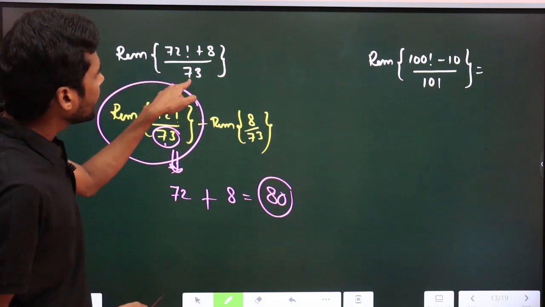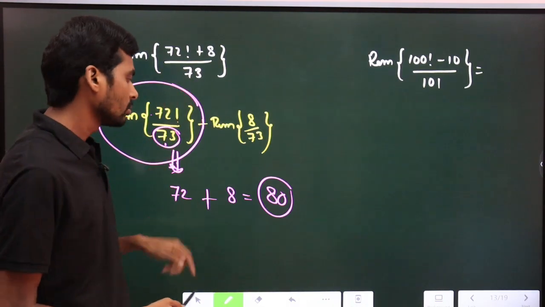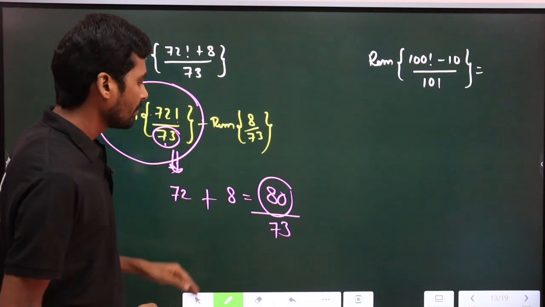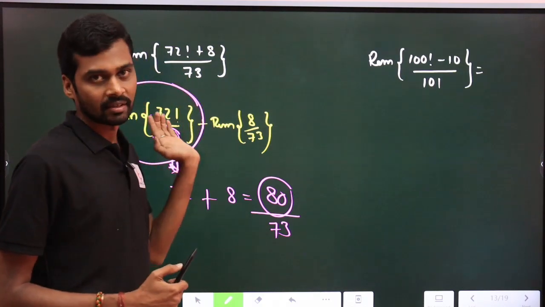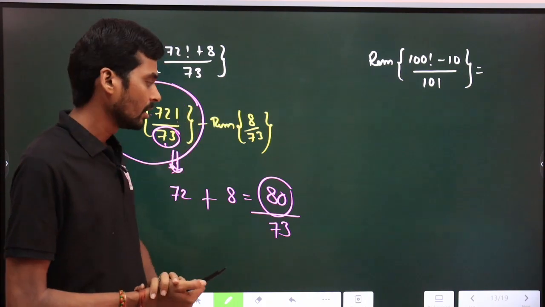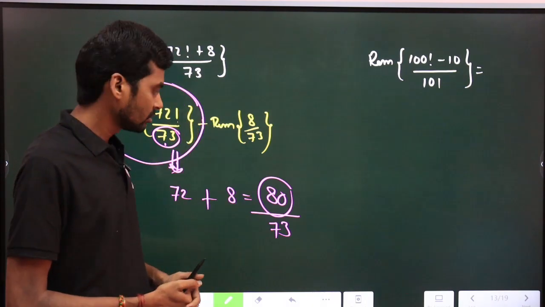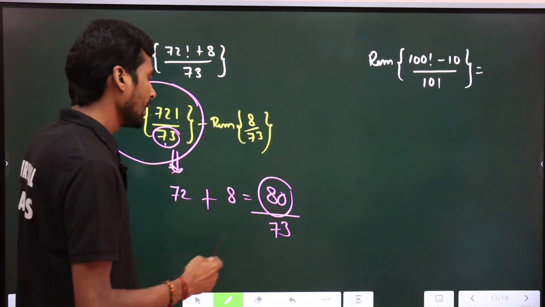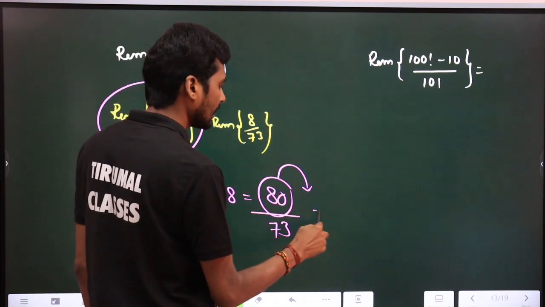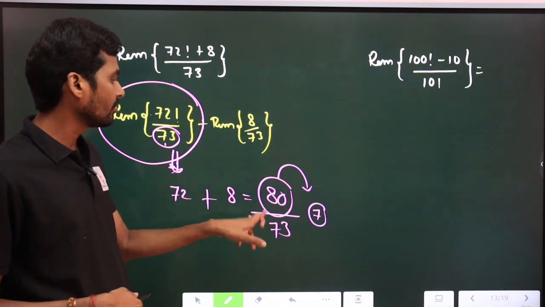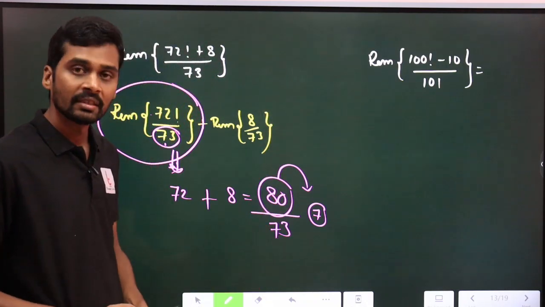But we are dividing the whole problem by 73, and the remainder is always less than the divisor. Since 80 exceeds 73, we divide again by 73. 80 by 73: 73 ones is 73, so the remainder is 7.